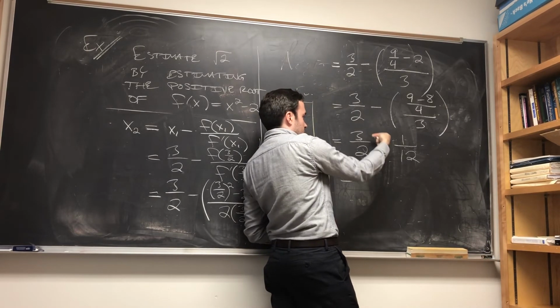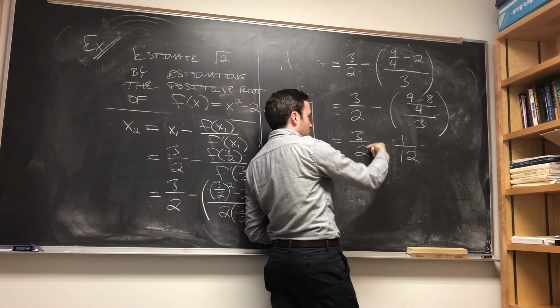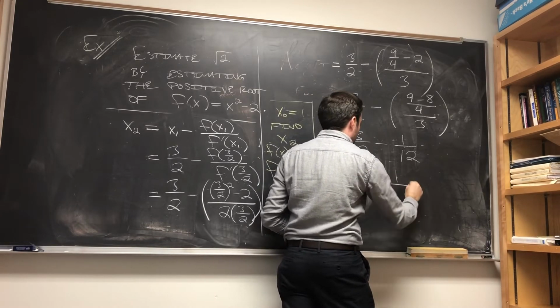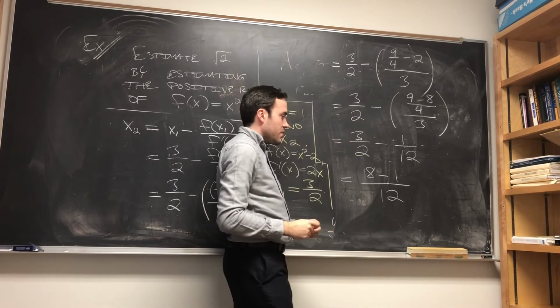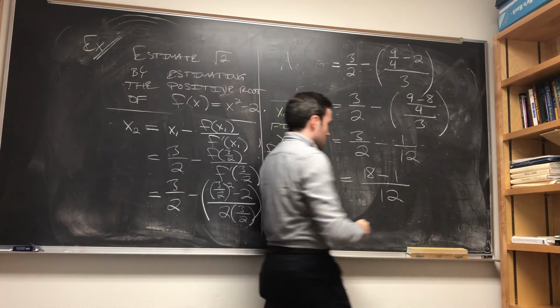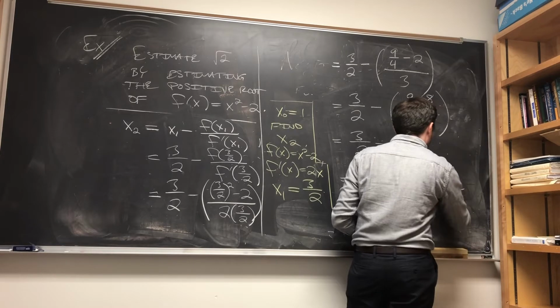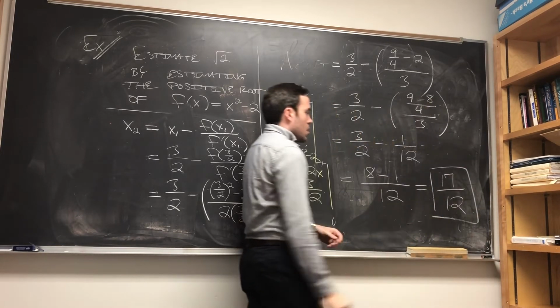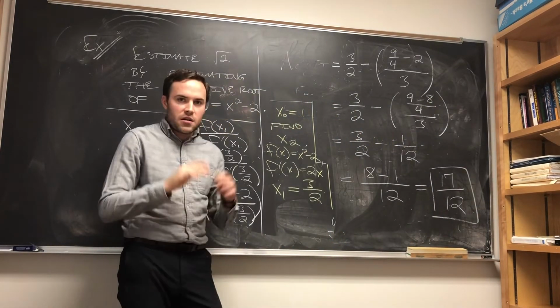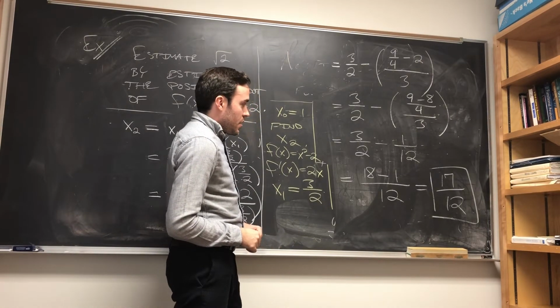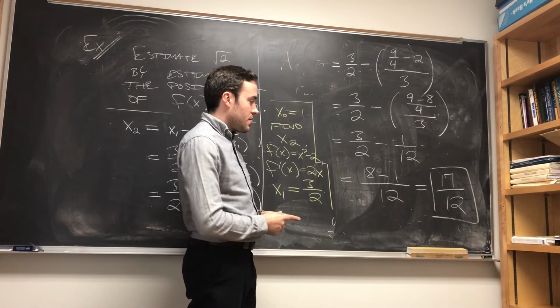So this is missing a 6 over 6 to make the denominator 12, so this is 18 over 12 minus 1 over 12. In other words, 17/12. Assuming, of course, that I made no arithmetic or algebraic mistakes in there, this is what we end up with, the value of 17/12.